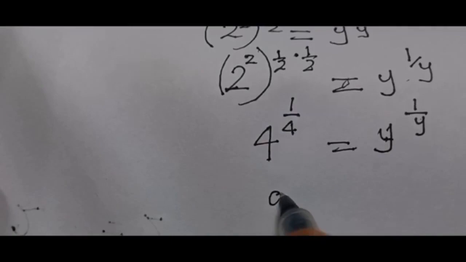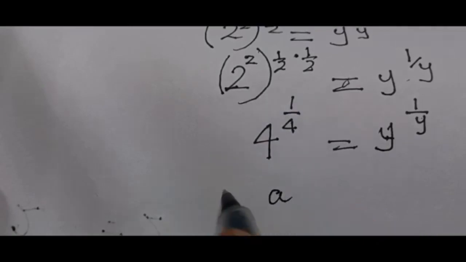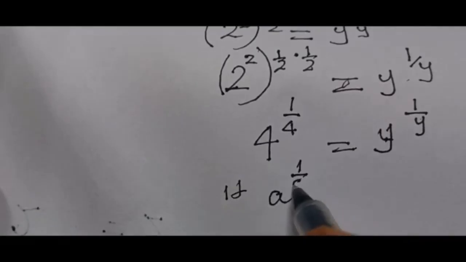As you can see, this one is in the form of a power 1 over a equals b power 1 over b.